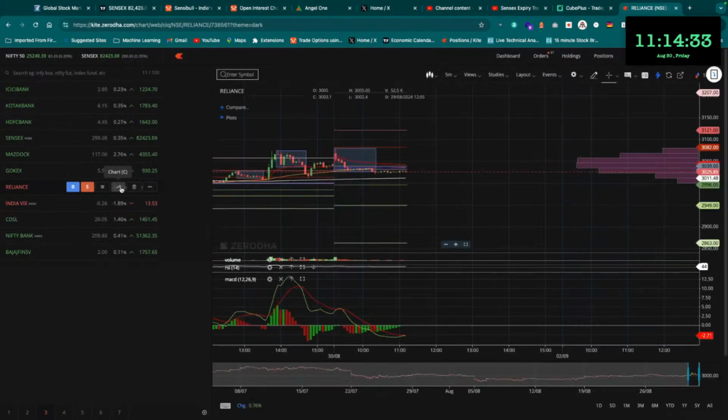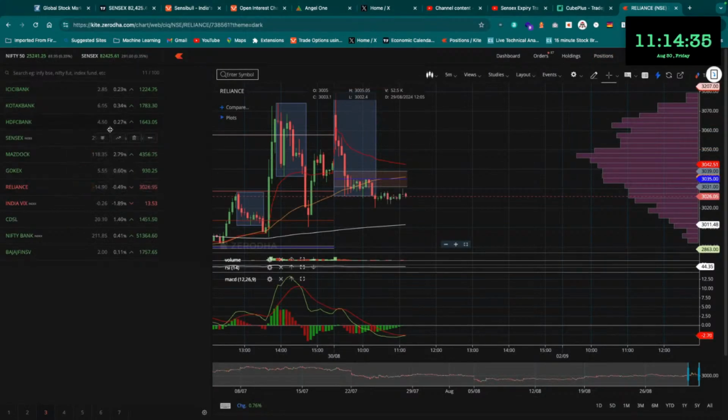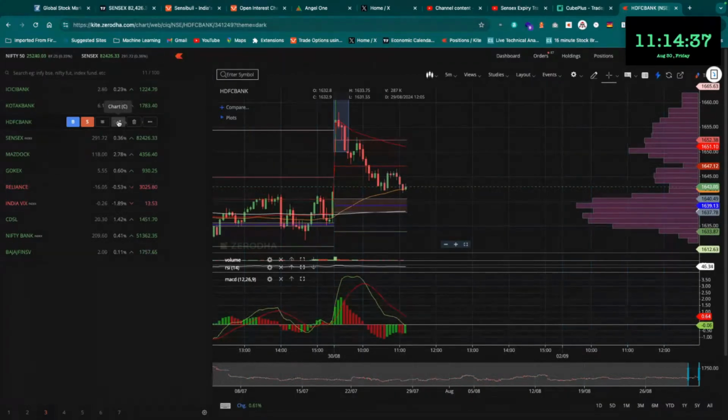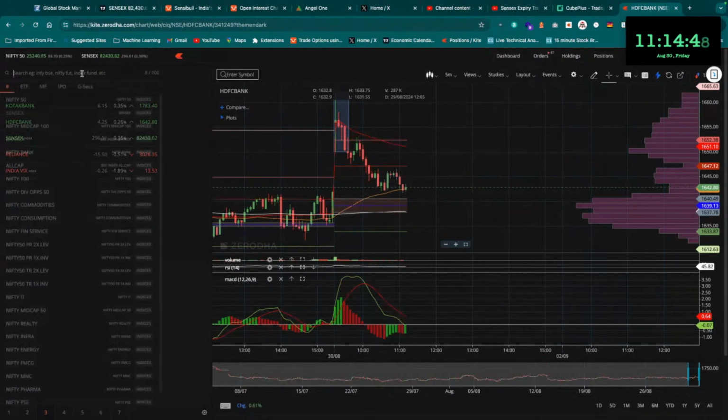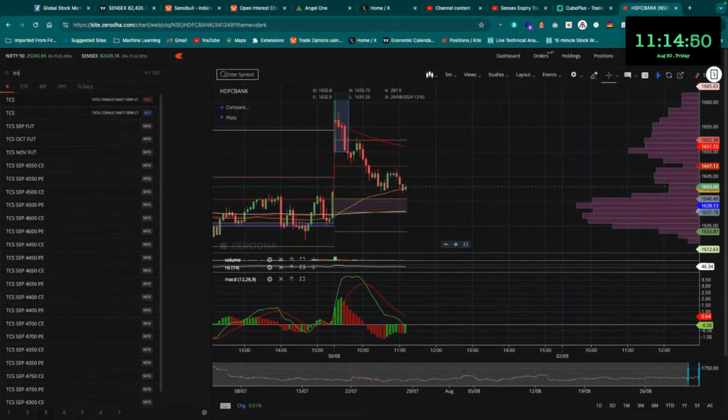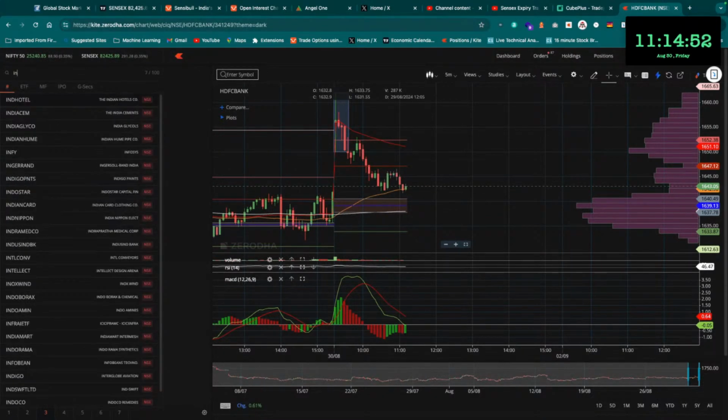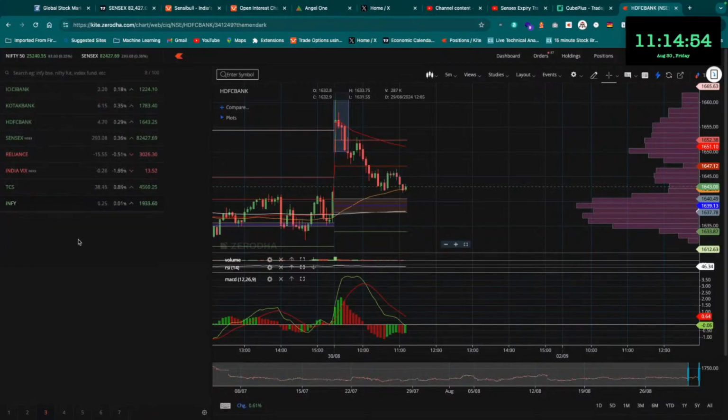I think Reliance did not recover. HDFC. All right, so let's look at any of the top 5 stocks in Sensex by heart. I think L&T.